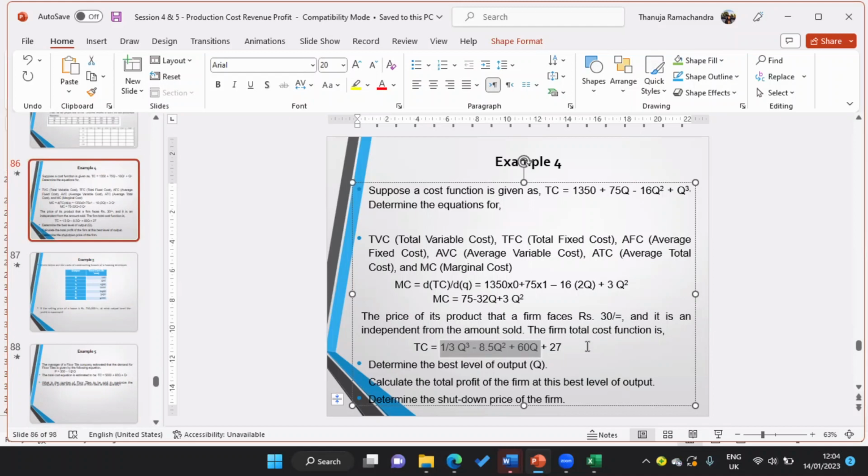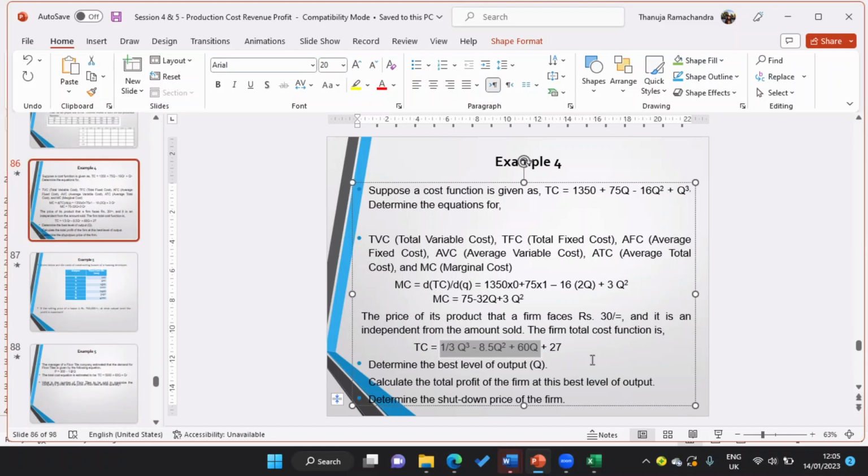And equate that AVC to P. Price is 30 now, right? The question is the shutdown price of the firm. Yeah, the shutdown condition is AVC less than or equal to price, right?